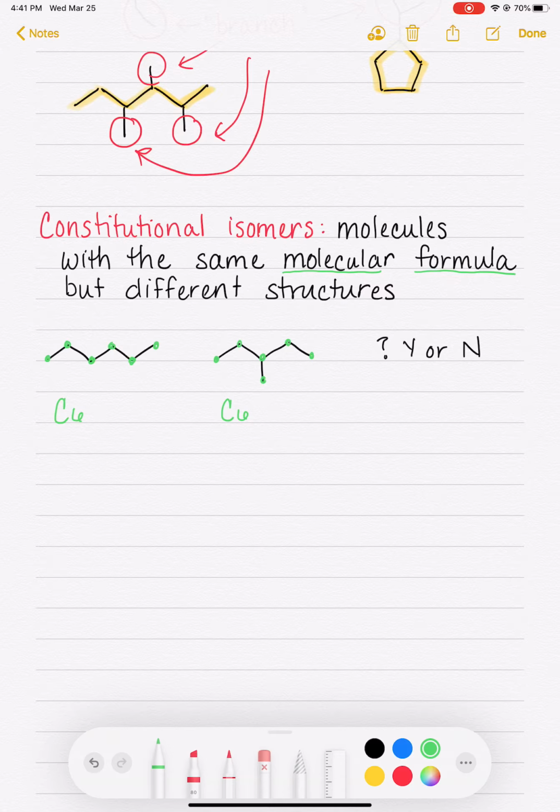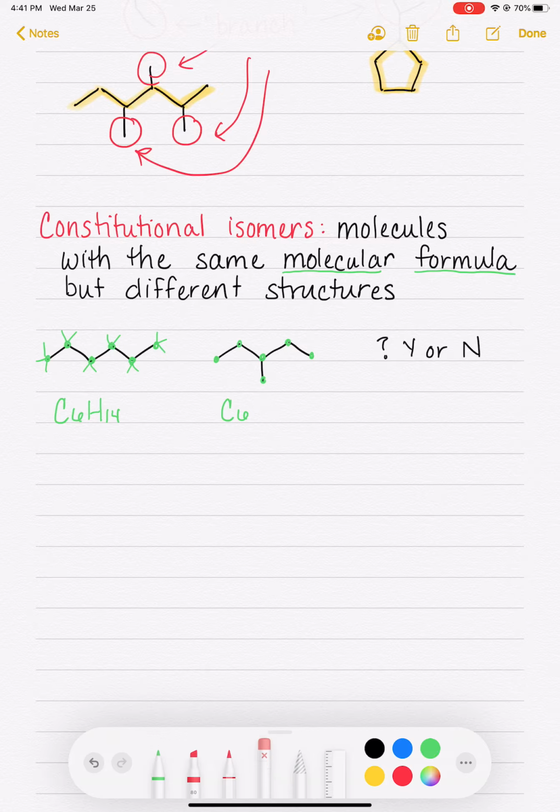In this case, though, they both have 6 carbons, which means that now we need to figure out how many hydrogens they have. So let's count the hydrogens next. 1, 2, 3, 4, 5, 6, 7, 8, 9, 10, 11, 12, 13, 14. I know I'm really fast at that, but I've had a lot of practice, and you guys will keep practicing and you'll get fast at it too.